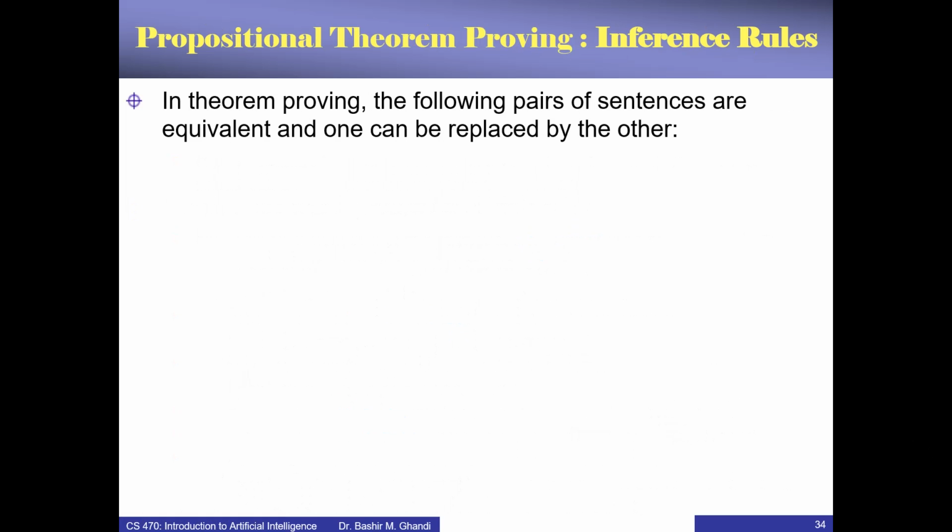Right, so with this, we can now attempt the propositional theorem proving methods. The first one is using inference rules. So in theorem proving, the following pairs of sentences are equivalent, and one can be replaced by the other.